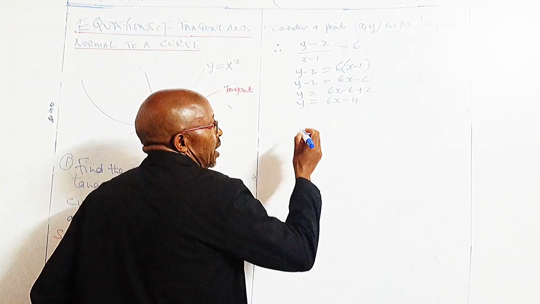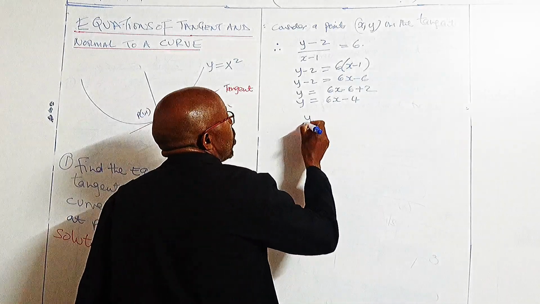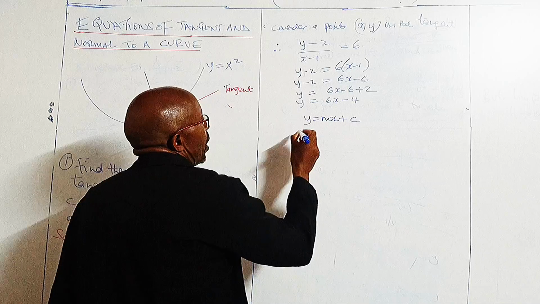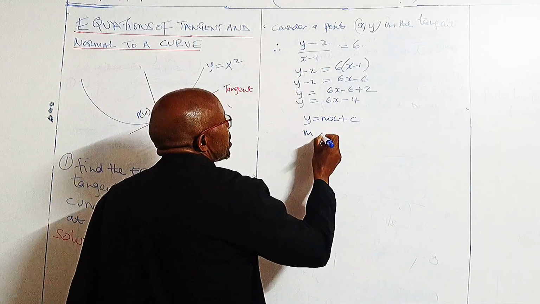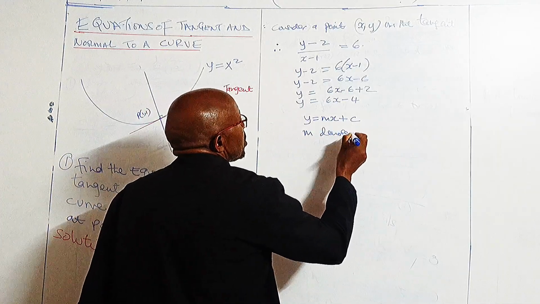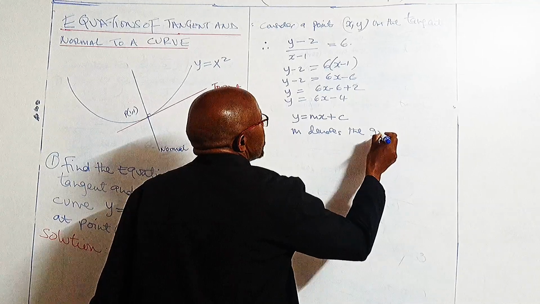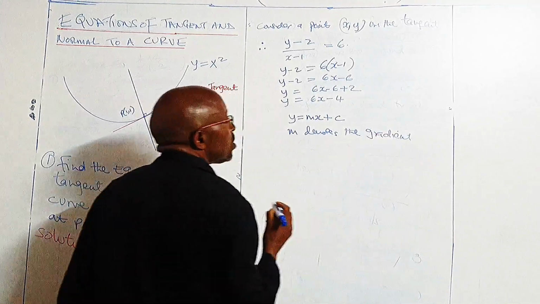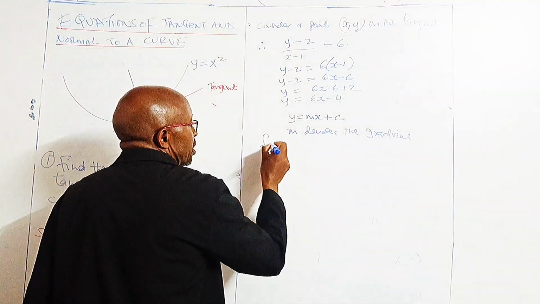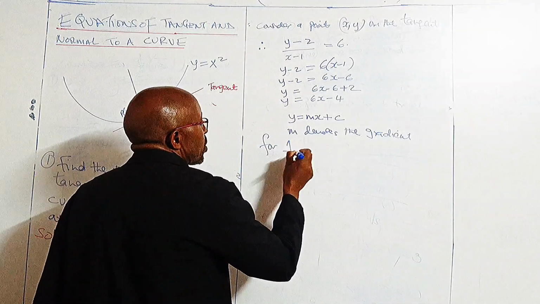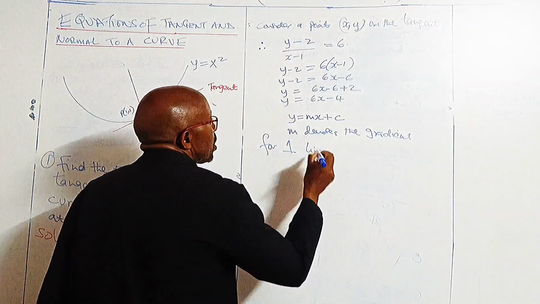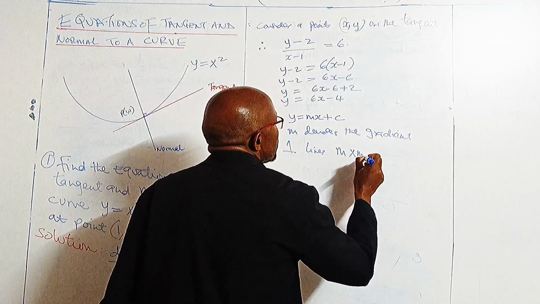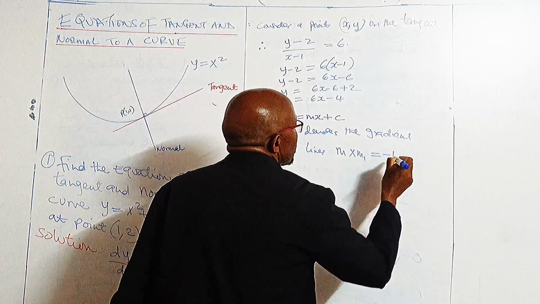Considering the general equation of a line, y is equal to mx plus c, our m denotes the gradient. For perpendicular lines, m times m1 is equal to -1.